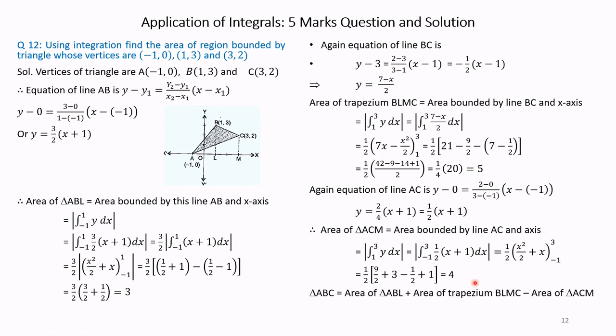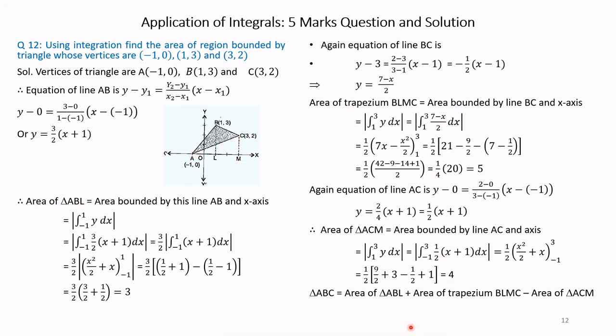Therefore, the area of triangle ABC is equal to the area of triangle ABL plus the area of trapezium BLMC minus the area of triangle ACM.